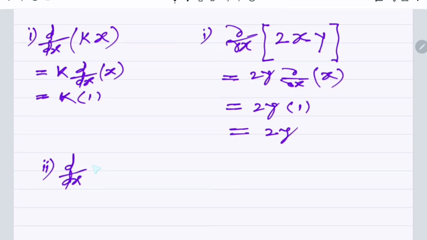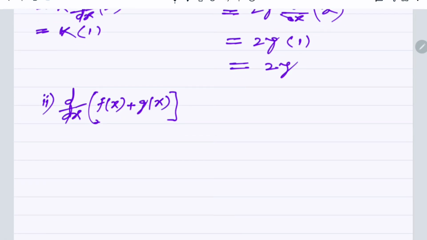Then second rule, dou by dou x of sum of the two functions f of x and g of x. We have a differentiation of first one is f dash of x, and differentiation of second term is g dash of x.